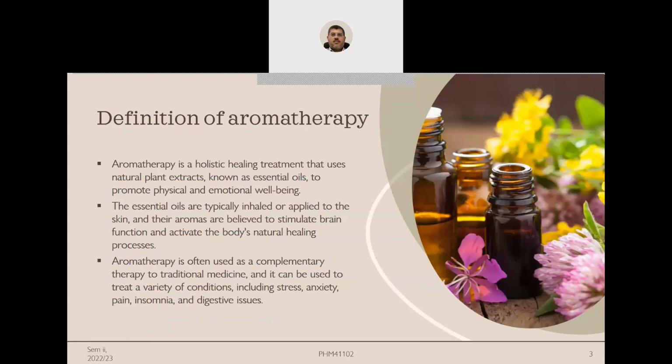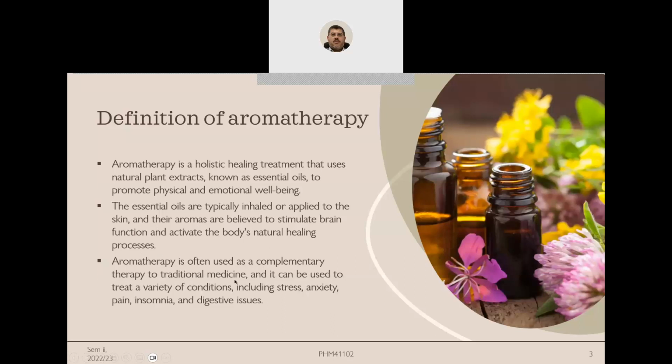So how are these essential oils used for treatment? They are usually inhaled or applied to the skin, and their aromas are believed to stimulate brain function and activate the body's natural healing process. It is used as a complementary therapy, which means in addition to traditional medicine.